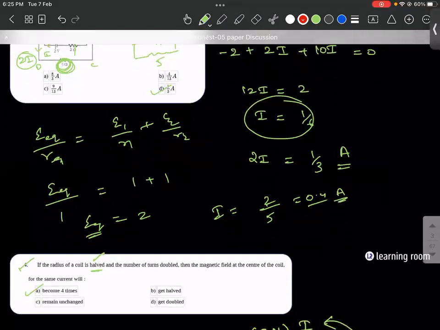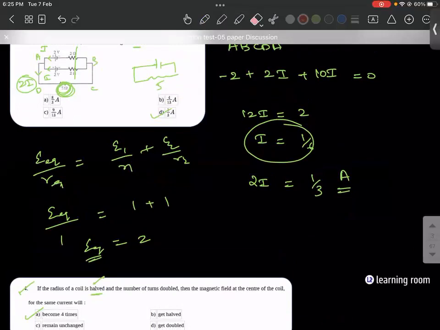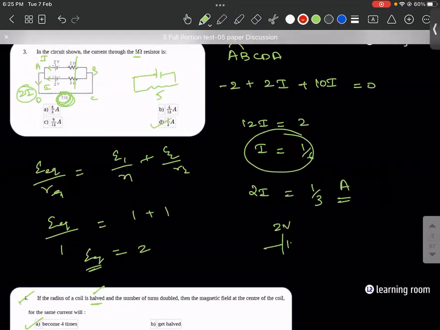No, that's the mistake. Actually it won't come like that. I'll tell you what mistake you made. When you redraw, you should replace it with a 2 volt battery, but you forgot the internal resistance. Sorry, not 2 ohm, it's 1 ohm.